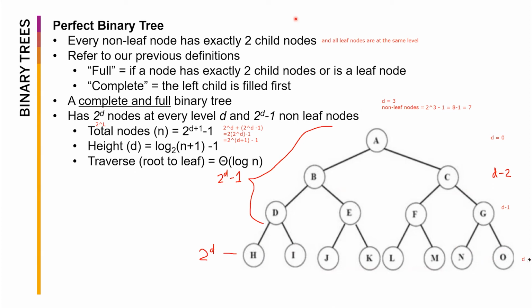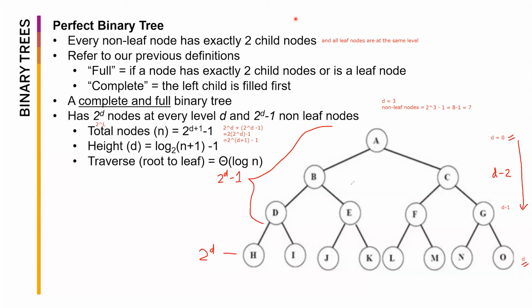And that would be at the last level of the tree, which is level D. So ngayon, ang non-leaf nodes natin will be placed at all levels from D0 down to D minus 1. Again, because level D is reserved for all the leaf nodes.